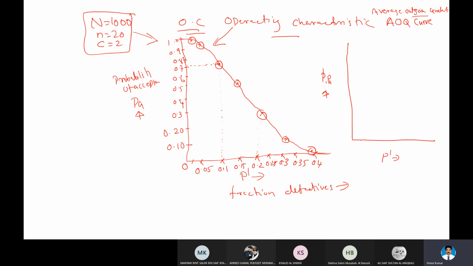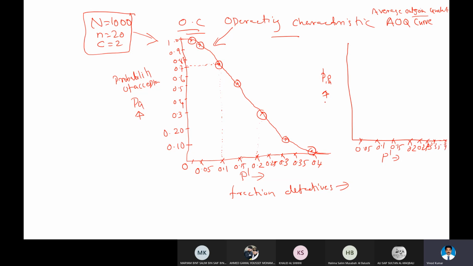Similar to here, you can plot 0.05, 0.1, 0.15, 0.2, 0.25, then 0.3, 0.35, and finally 0.4.